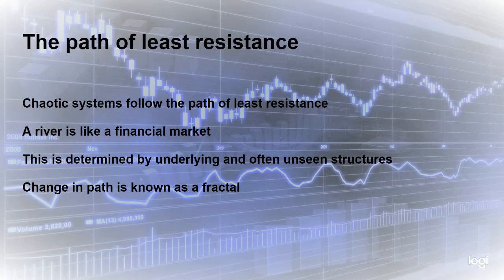This is the same in financial markets. The market doesn't go where it wants to go or where any individual people want it to go, it will just go where there is the least resistance. It will go in the direction that is easier for it to go, and it's obviously not going to go in a direction that is harder.